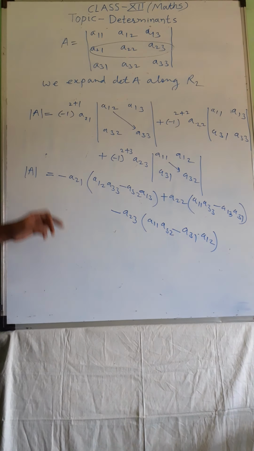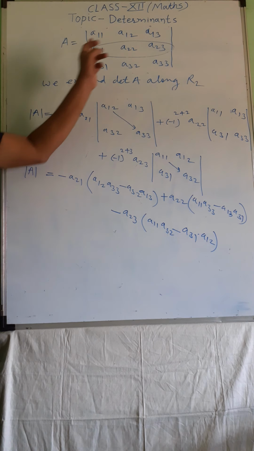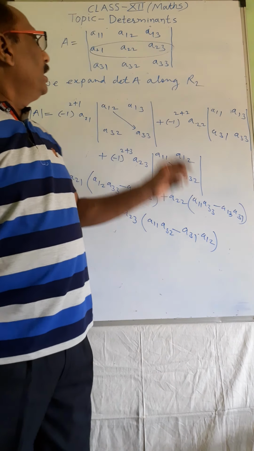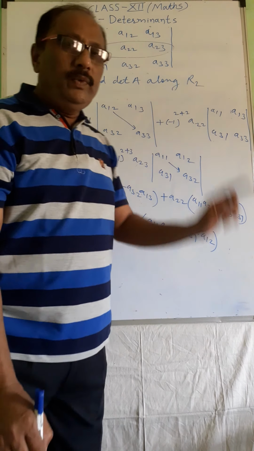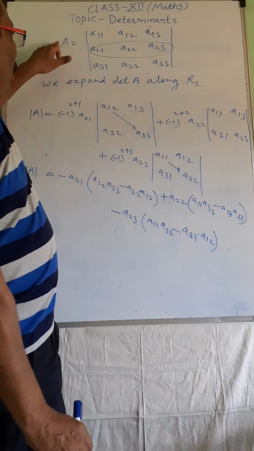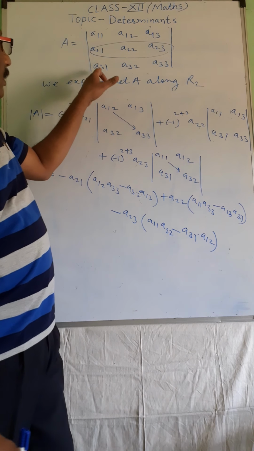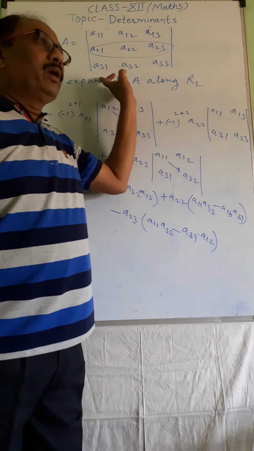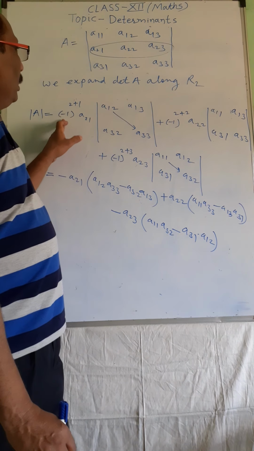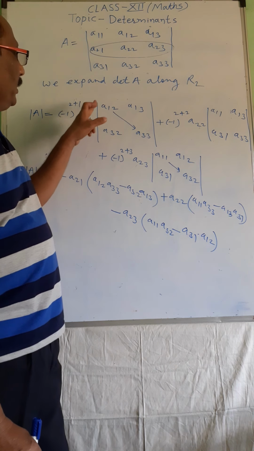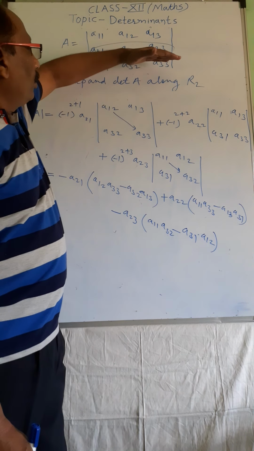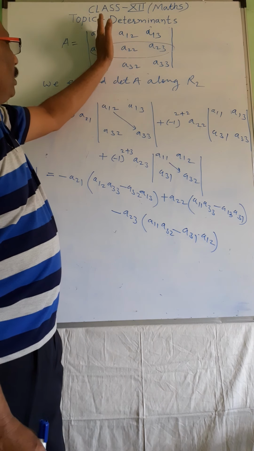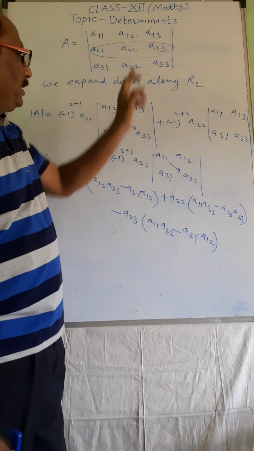If we expand the given determinant along R3, what will be there? Then determinant of A will be minus 1 raised to power 3 plus 1. 3 plus 1 means 4, minus 1 raised to power 4, even number means positive, and A31 as it is. And the determinant will be: you take the third row and first column, take these elements.